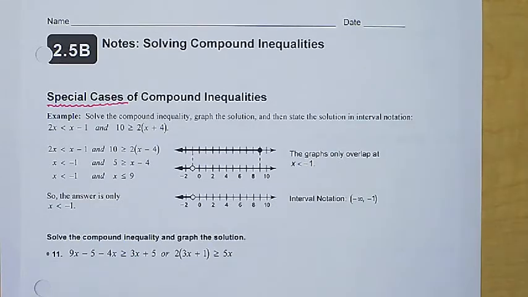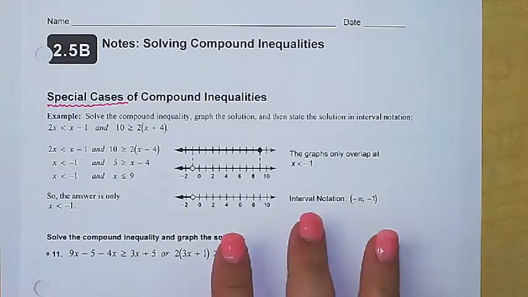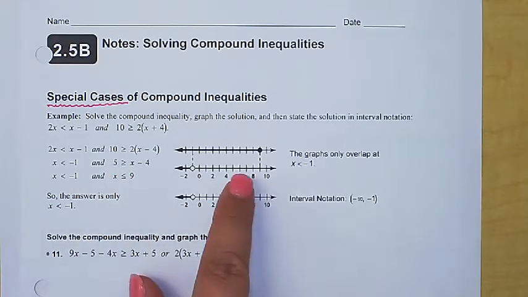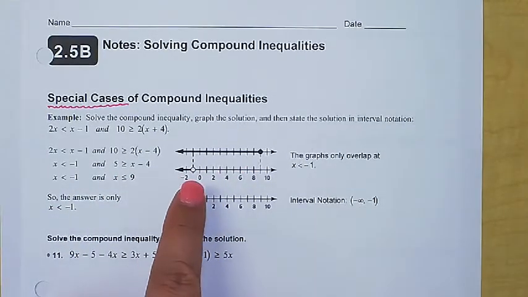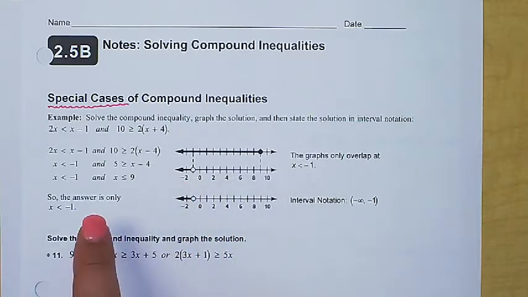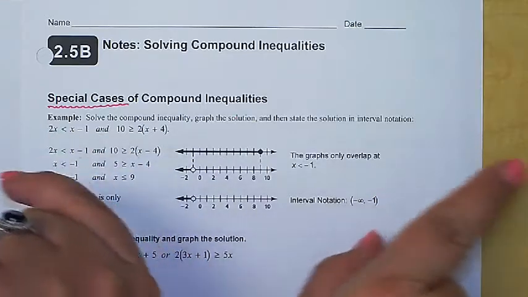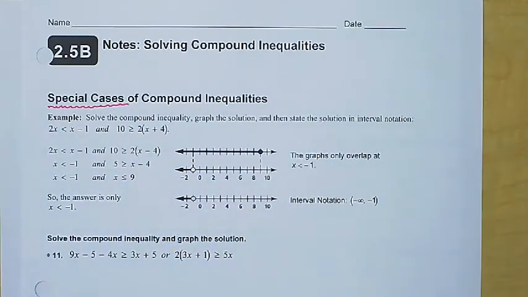Today we're going to talk about what happens if they don't necessarily play by the rules, if you will. Maybe we start off with an "and" statement, but for example here both inequalities end up going in the same direction. What does that look like? Or perhaps it's an "and" statement, but once you solve it, you realize they're shading away from each other.